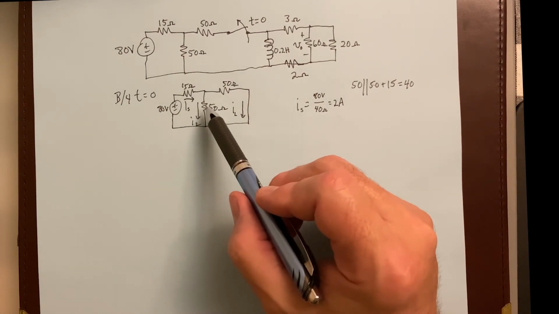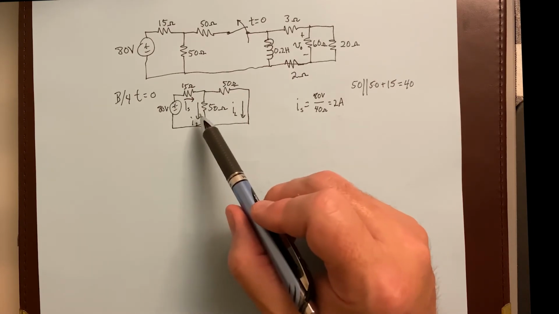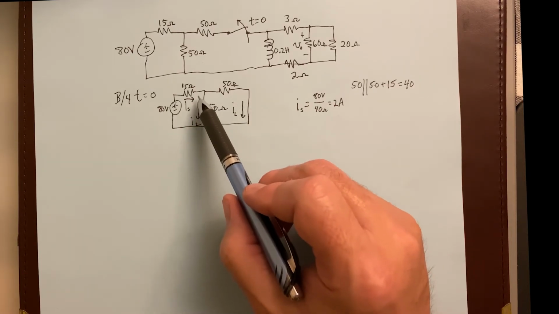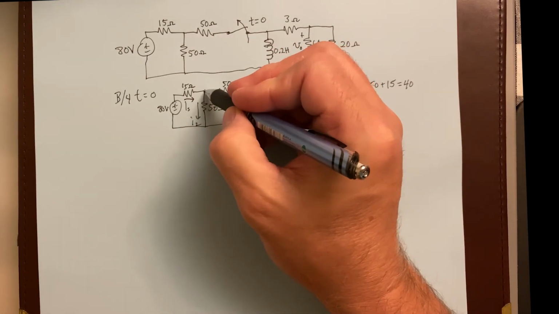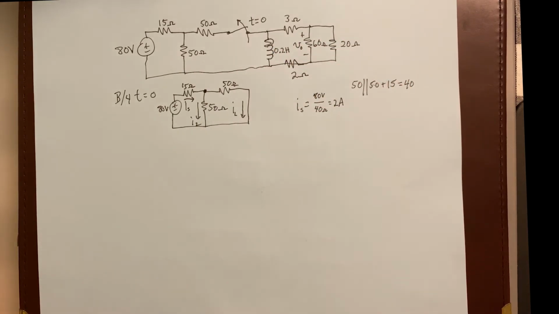And that I sub s then is going to be split down these two paths right here. Now, notice that those two branches after this essential node right here, I sub s is split in those two branches, and they have equivalent resistances, so that means that I sub s is going to be split equally.